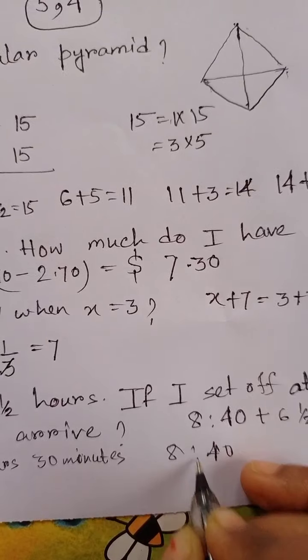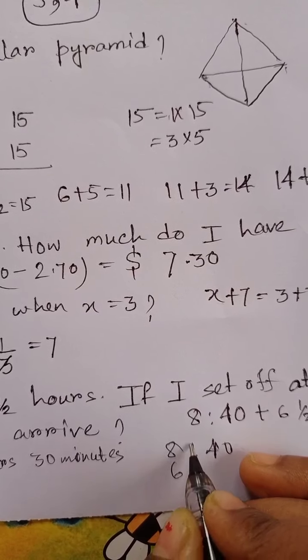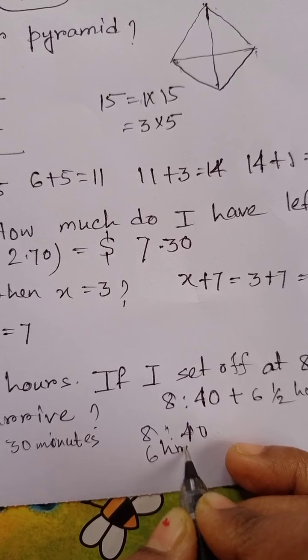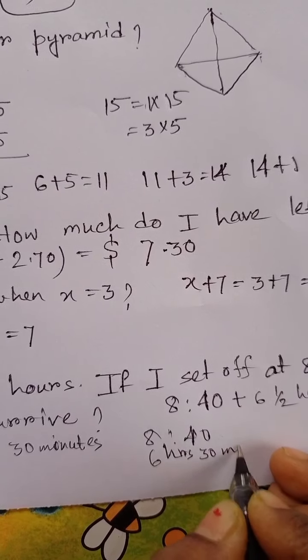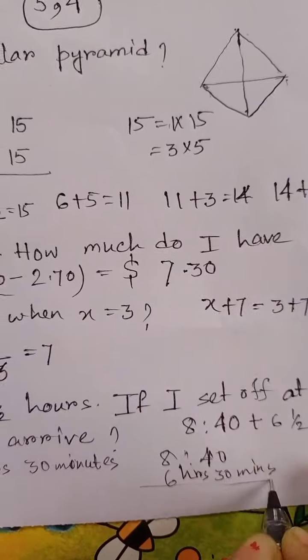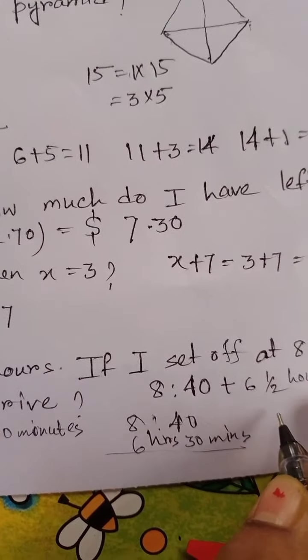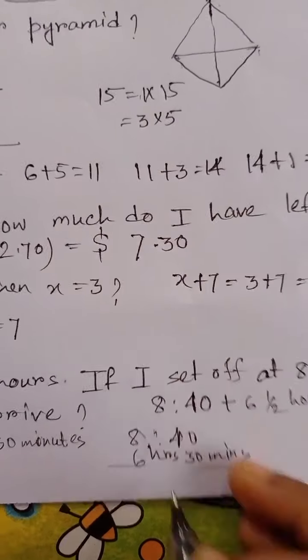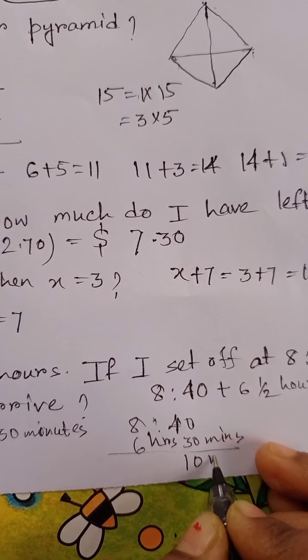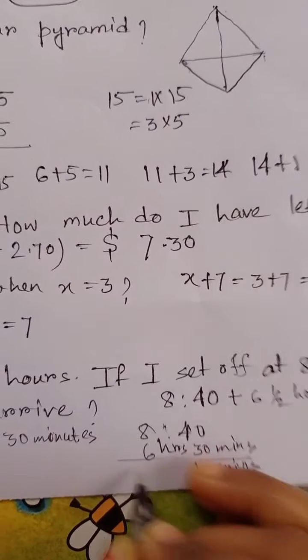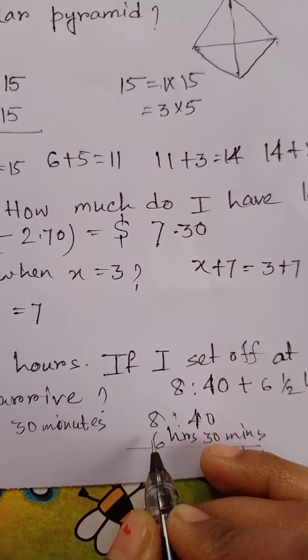8:40, and 6 hours 30 minutes. So here 70, the sum is 70. So 70 minus 60, 10. And here 1 carry.